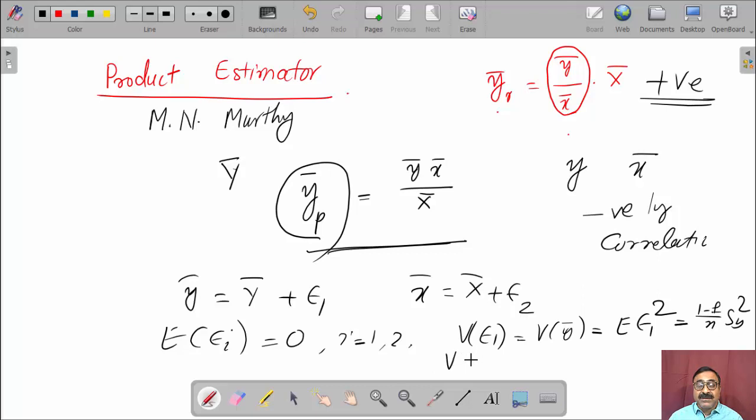Similarly, variance of epsilon 2, that is equal to variance of x̄, that is equal to expectation of epsilon 2 square, that is equal to (1 minus f) by n S_x square.